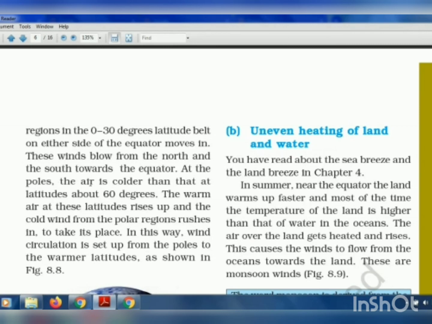At the poles, the air is colder than that at the latitudes about 60 degrees. So the warm air at these latitudes rises up, and the cold air from the polar regions rushes in to take its place. So there is a movement of air. In this way, wind circulation is set up from the poles to the warmer latitudes.